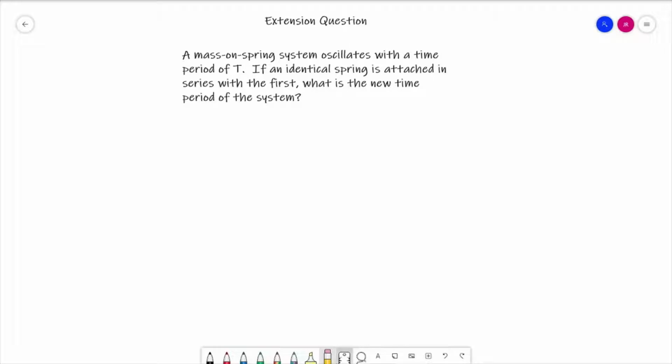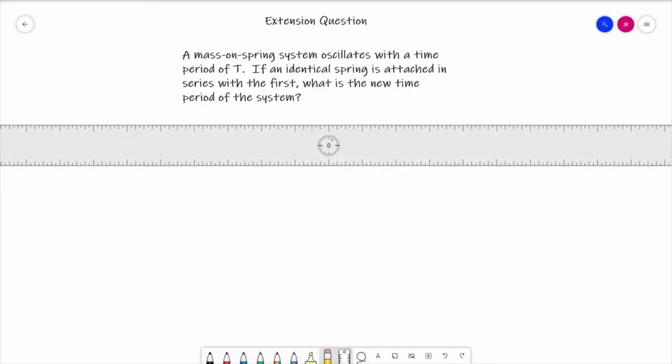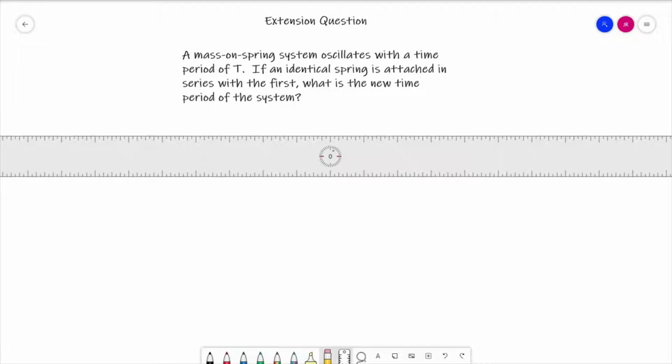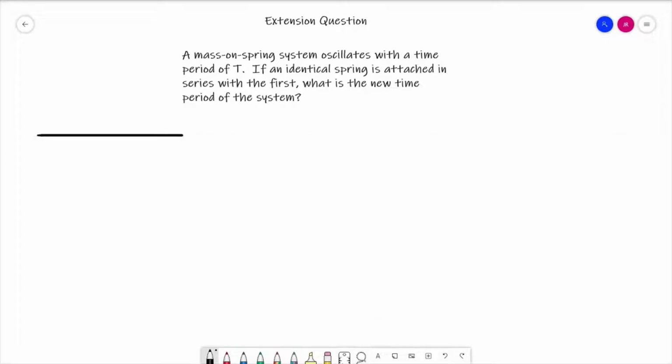First with this problem, we need to remind ourselves how springs work in series. We will remind ourselves how they work in parallel at the same time. So if we have two springs in series, and we'll do the parallel version as well, just because we can.